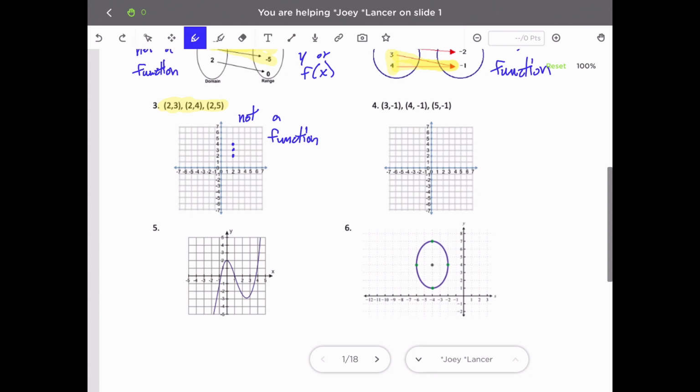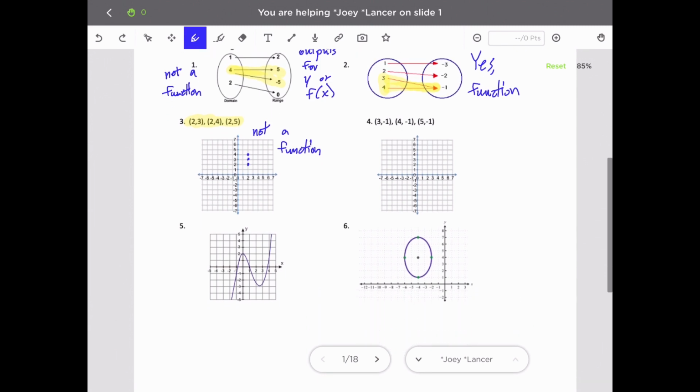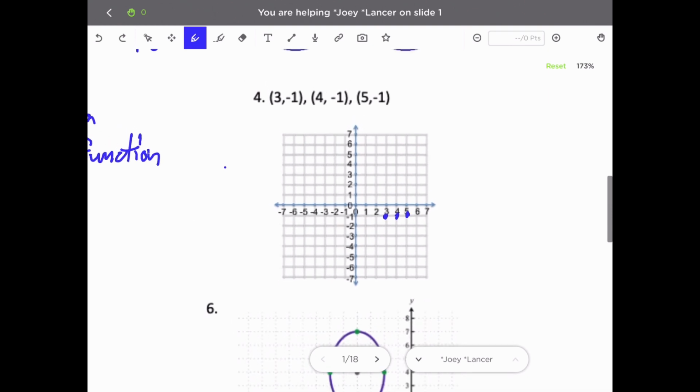So here, another way is to graph it and do vertical line tests. We'll go through number 4 first. So let's plot these points, 3, -1, 4, -1, and 5, -1. So what we have is different x values getting you the same y value.